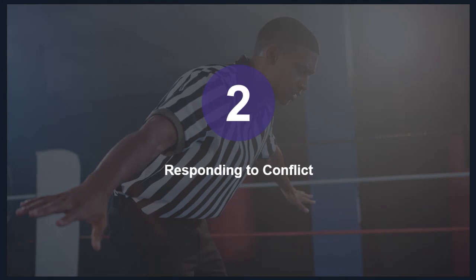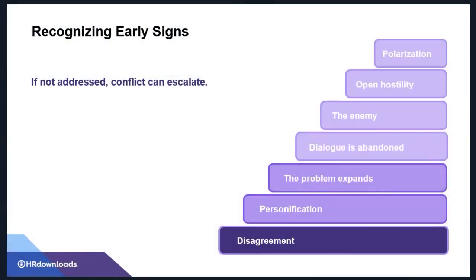All right, so now that we understand how conflict happens, we're going to take a little bit of a look at how conflict escalates and how individuals respond to conflict. So first, we'll get started on recognizing the early signs of conflict.